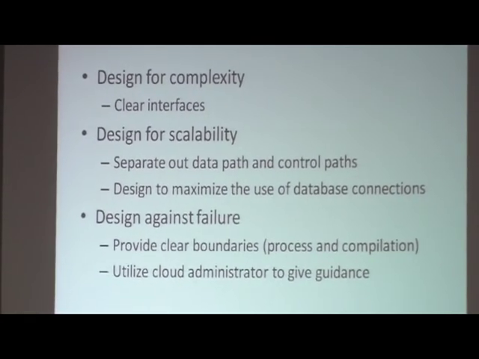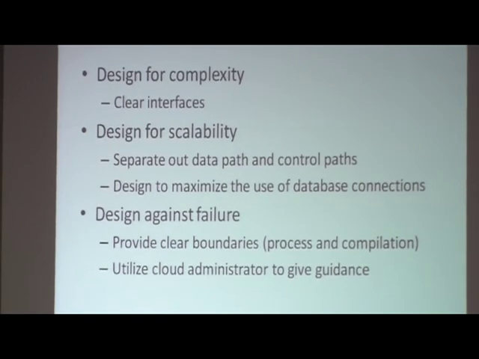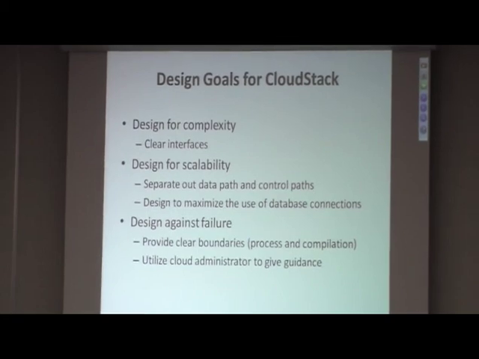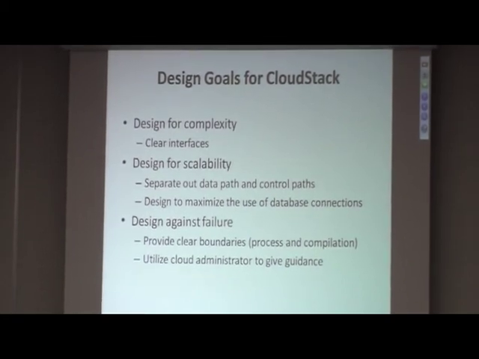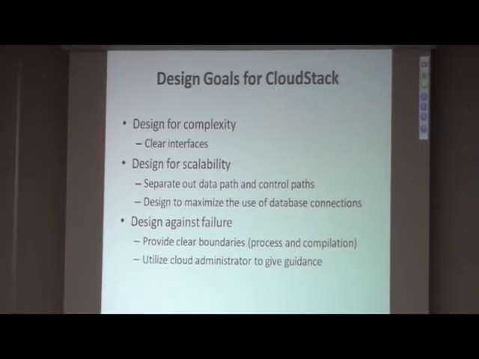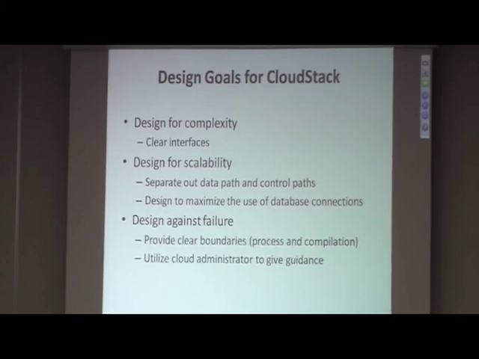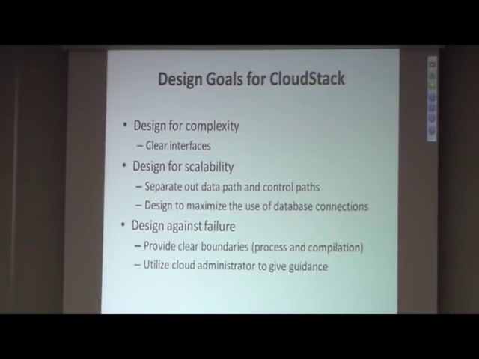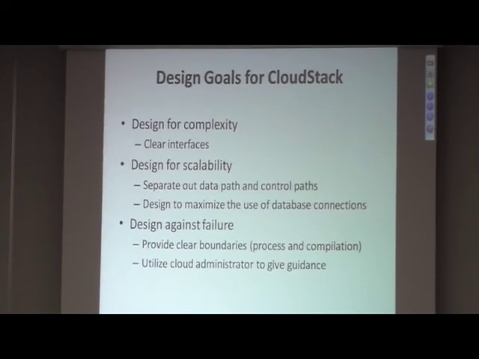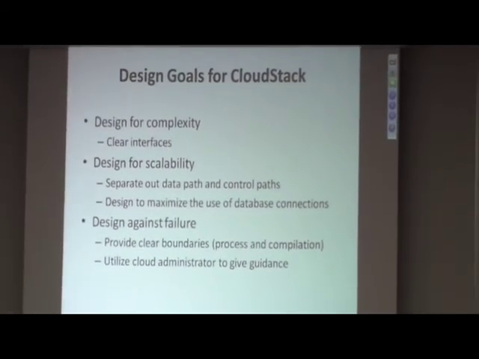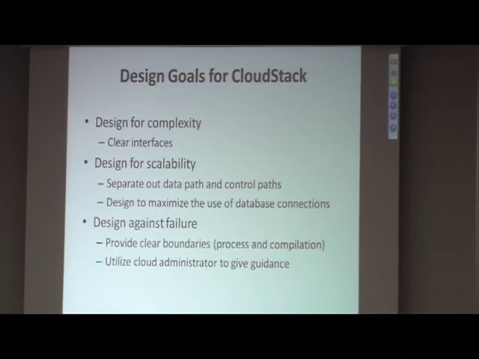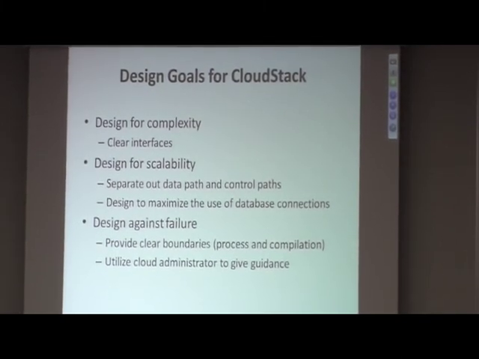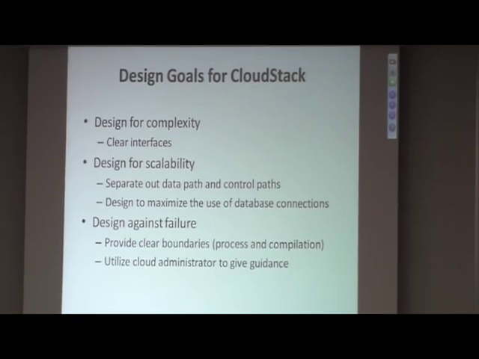And then we have to design against failure. So here we have to be able to provide very clear boundaries of what CloudStack does and what provisioning does, and allow the administrator to figure out what happened on failure. Because in our experience, on failure, if we keep doing the same thing over, oftentimes it actually makes the situation worse rather than better.